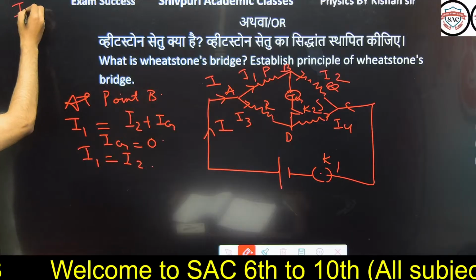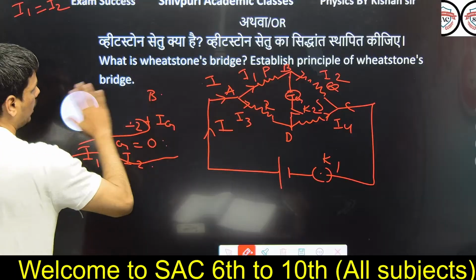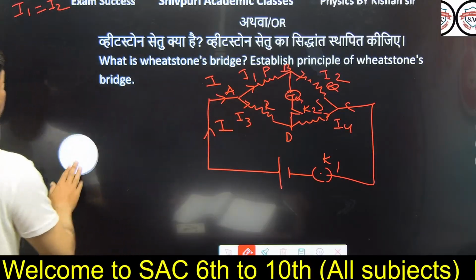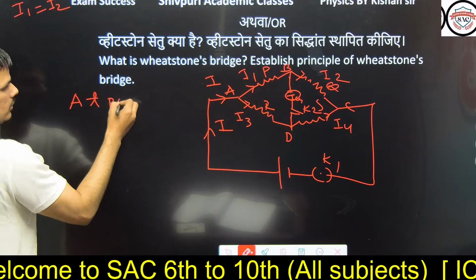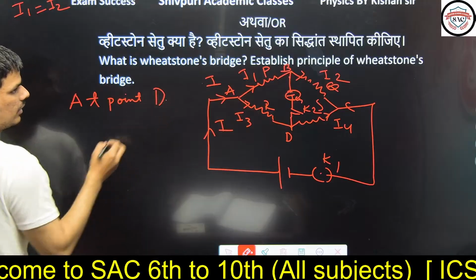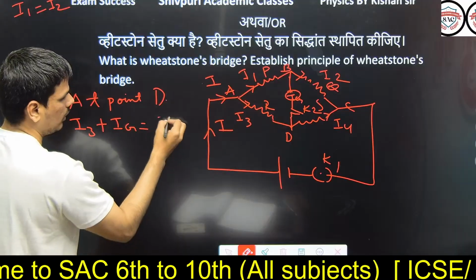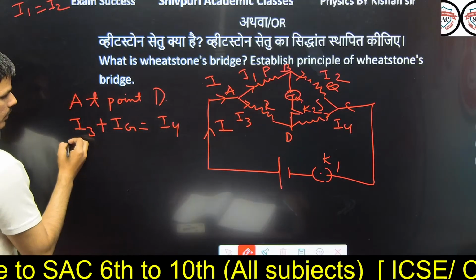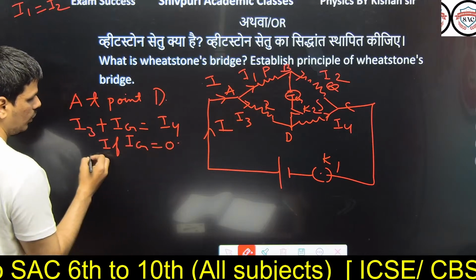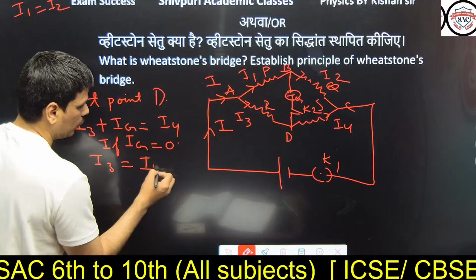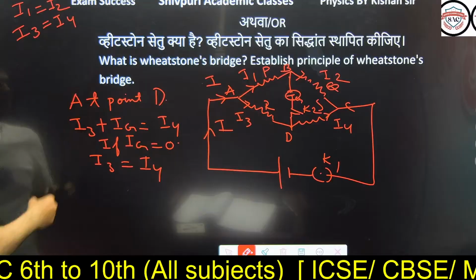I am going to write this relation here because we need it again. Similarly at point D, the current coming is I3 plus Ig equals I4. At equilibrium Ig equals 0, so we will get I3 equals I4, which we are going to write again at the top.